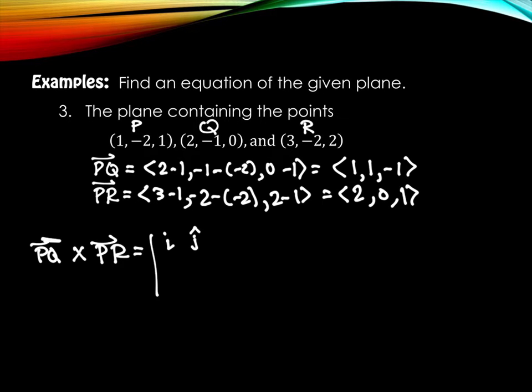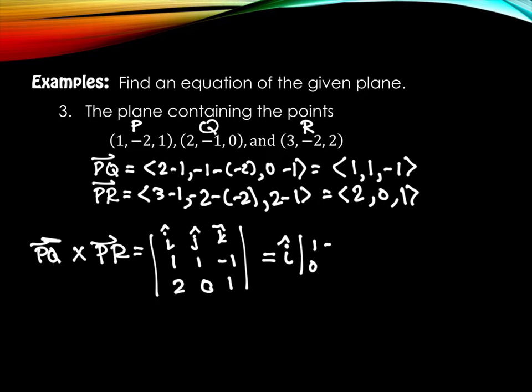I, J, and K. And we have 1, 1, negative 1, 2, 0, 1. And we have our vector at I. So remember, we're using the bottom coordinate, or corner rather, down here. And so I'm going to write them all out just in case it's been a weekend since you've done them.